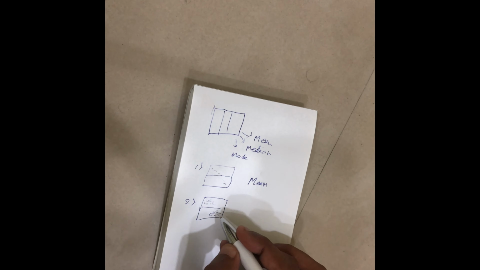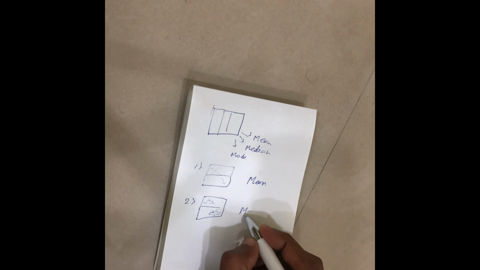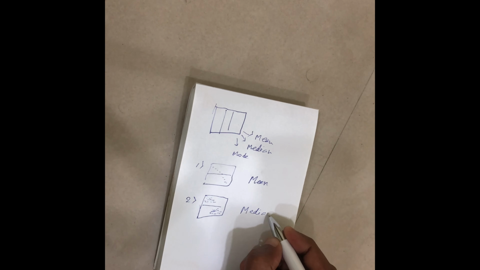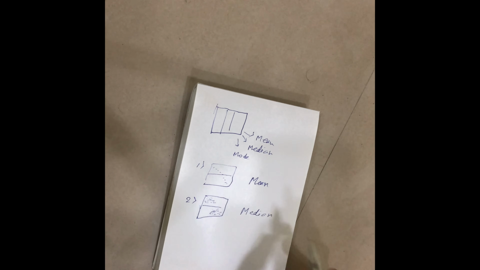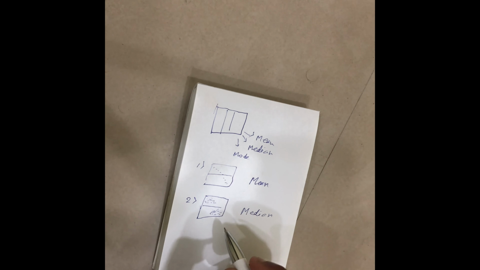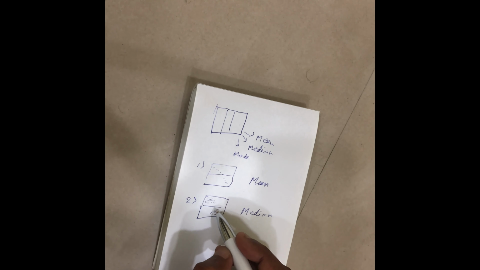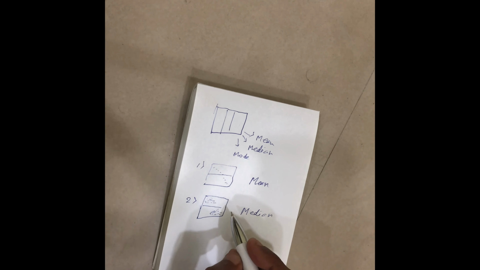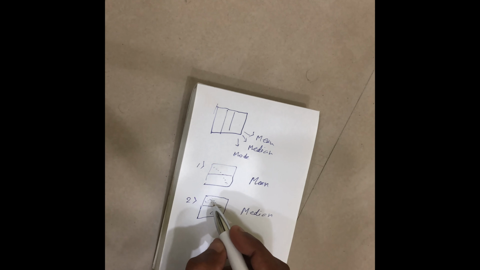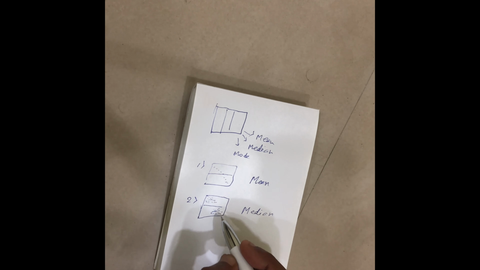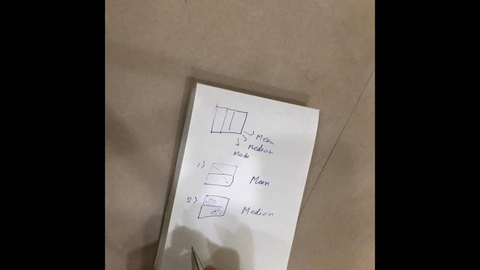In that kind of situation, we will choose the median value. The values are not lying on the mean most of the time; they are distributed above the mean and below the mean. So in that case, we will choose the median value.